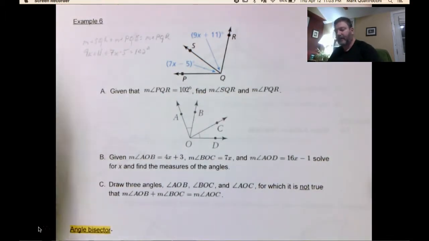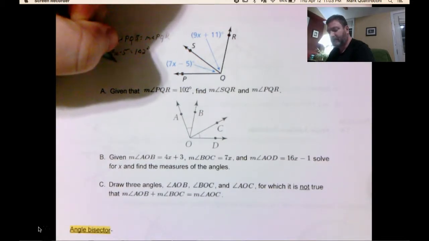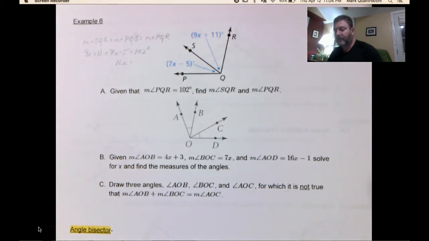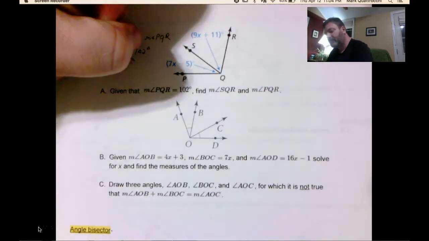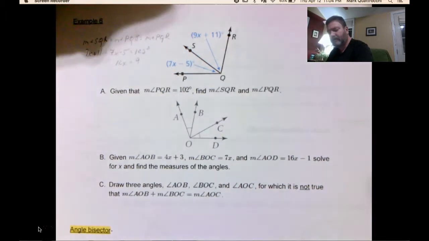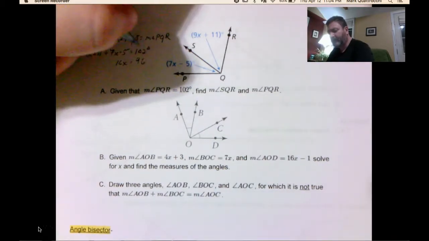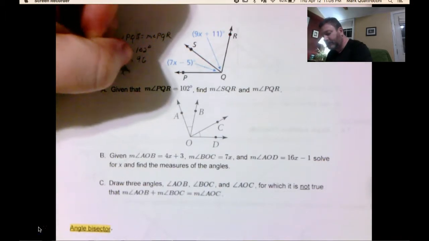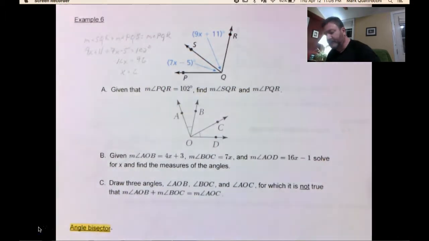A little bit of algebra. 16x equals 107 minus 11, 96, I think. And now I've got to divide 96 by 16, so x is equal to 6.